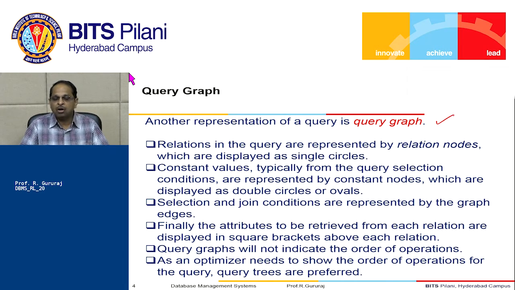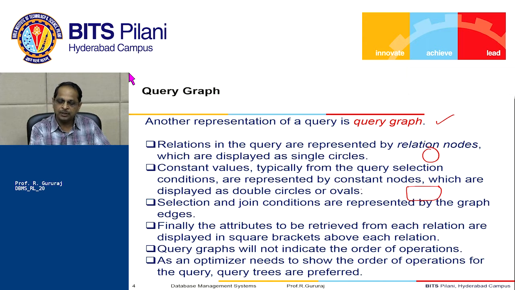Relations in the query are represented by relation nodes, which are displayed as single circles, and I can write the relation name in the circle. Constant values, typically from the query selection conditions, are represented by constant nodes, which are displayed as double circles with double borders, or ovals, or rounded rectangles.